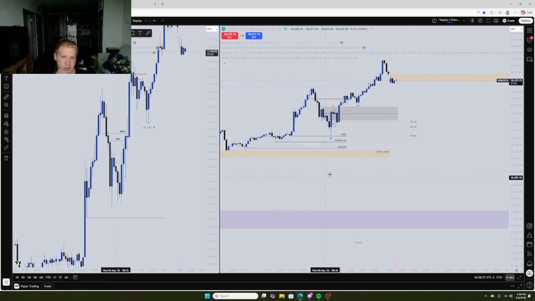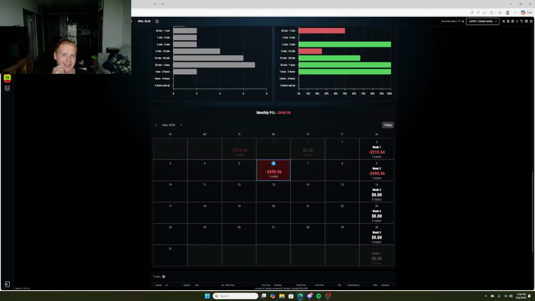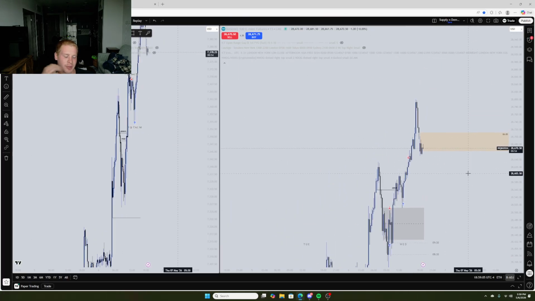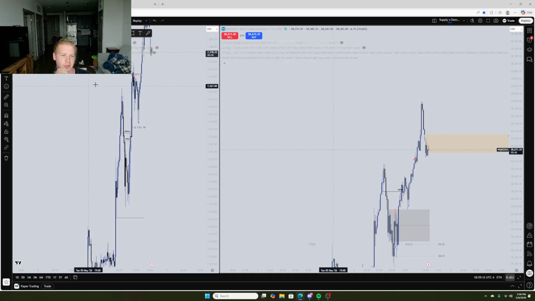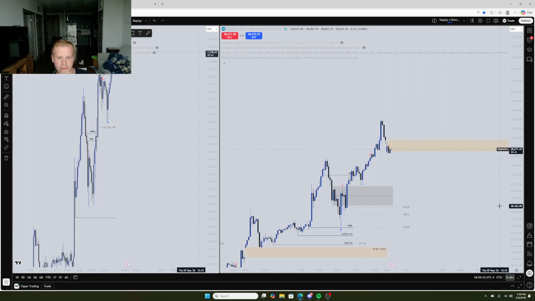The New York session, Monday and Tuesday, pretty much said, nah, I ain't trading this. So Wednesday, I was like, this is really the only good day of the week for me to trade, because tomorrow's the day before NFP, so I'm not really expecting too much, and we just pumped 2% today. So we'll see what happens on Friday, but that might be just the trade of the week for me.